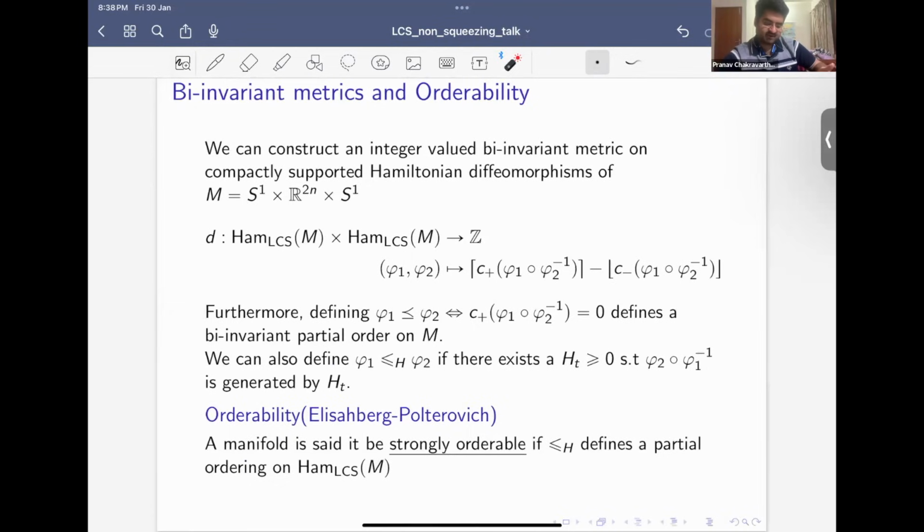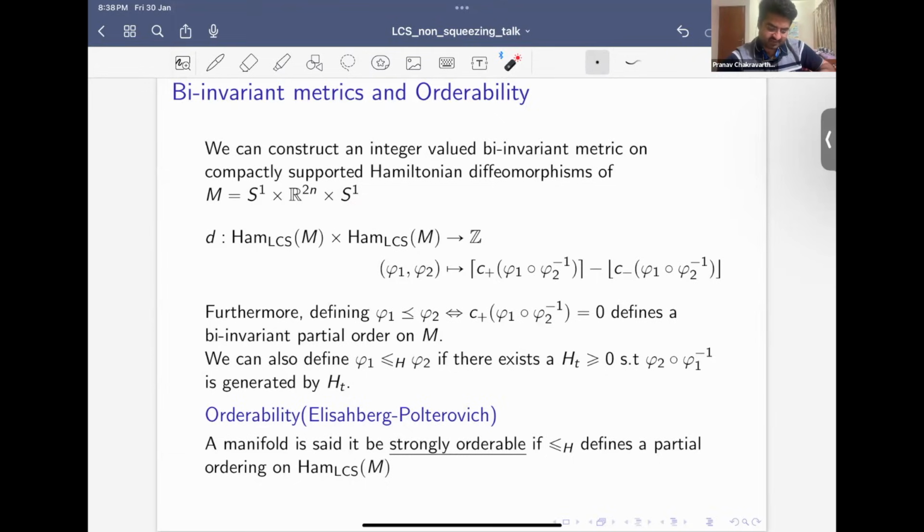So one can also define an integer valued bi-invariant metric on the space of Hamiltonian LCS diffeomorphisms of S1 times R2n times S1, which basically sends phi1, phi2 to the ceiling function of C plus of phi1 compose phi2 inverse minus the floor function of C minus of phi1 compose phi2 inverse.